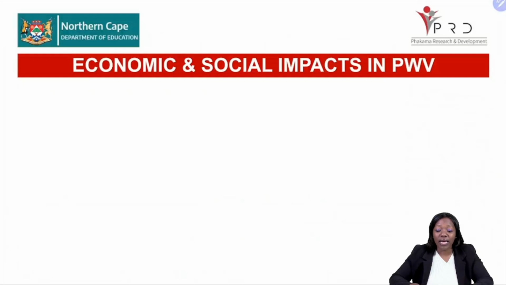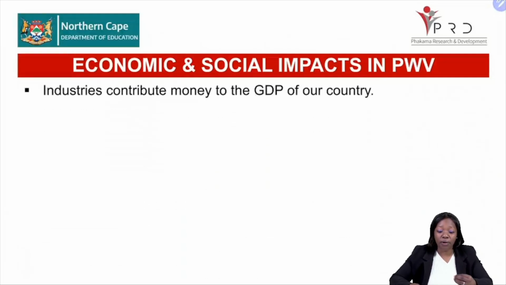Then we're looking at the economic as well as the social impact in the PWV. The industries, they contribute money to the GDP of our country. Remember, there are so many industries, which means a lot of money is generated through these industries, because they are also contributing towards our tax, which is going to boost our GDP.